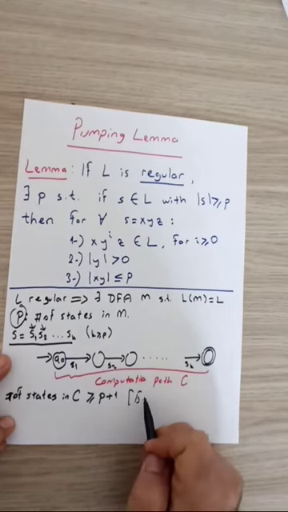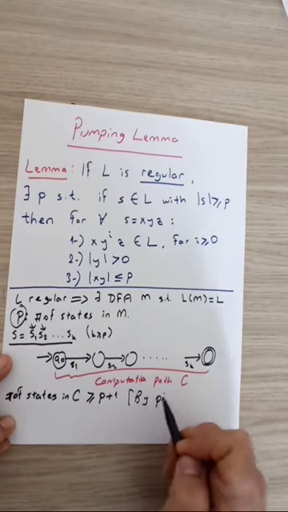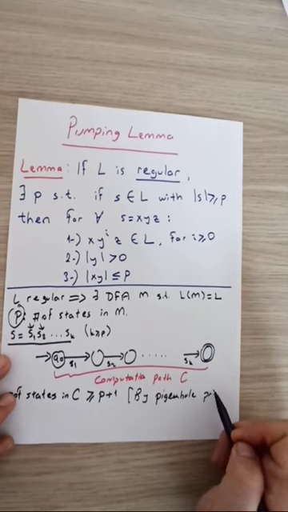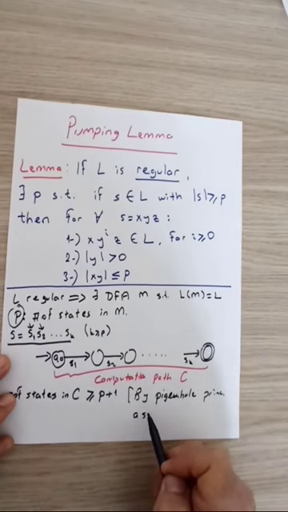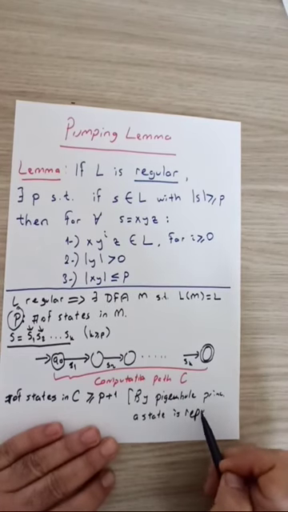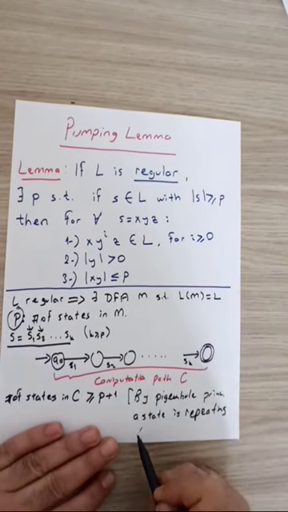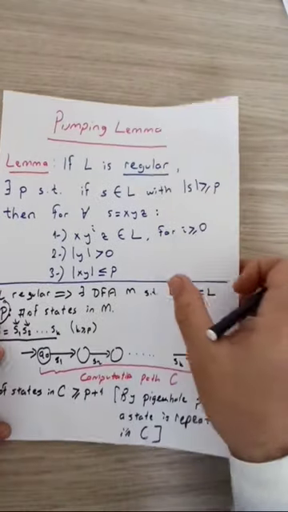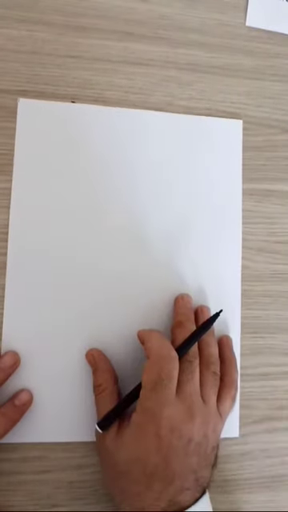So by the pigeonhole principle, a state should be repeating in our path C.